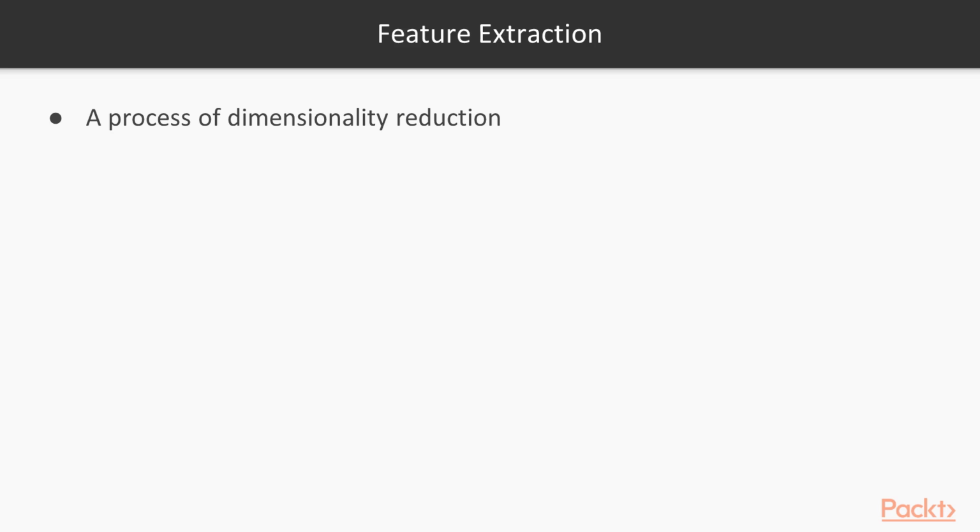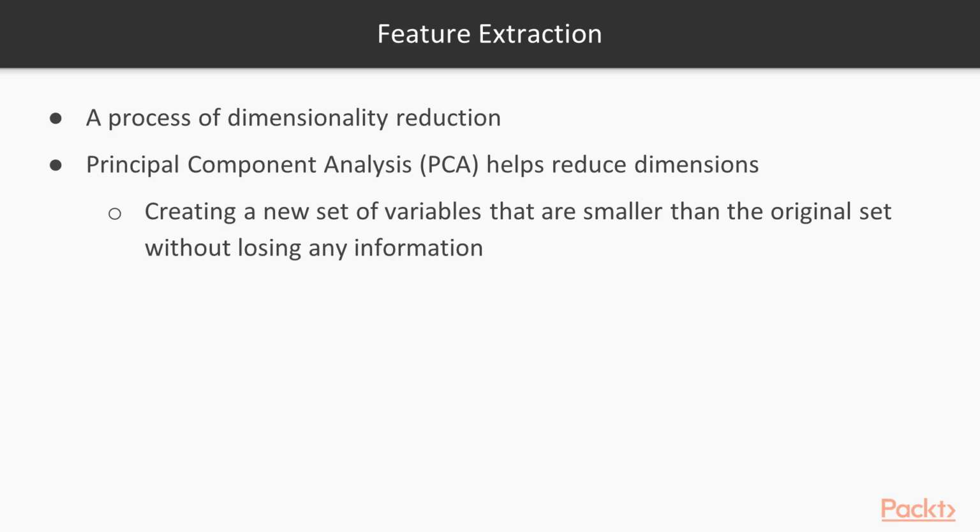Now let's talk a little about feature extraction. Feature extraction is the process of dimensionality reduction. Principal component analysis is a very popular method for feature extraction. It helps reduce dimensions by creating a new set of variables that are smaller than the original set without losing any information.